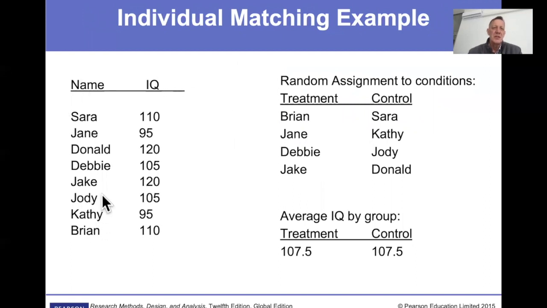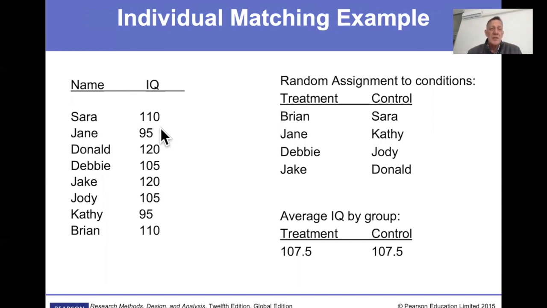Let's match these guys, the sample, on IQ. So you can see Sarah has got an IQ of 110 and Brian. So they make a pair. Now, which one goes to the control group and which one goes to the treatment group? You do that randomly. First match and then assign the one randomly to either the treatment or control, and then the other one goes to the opposite one.